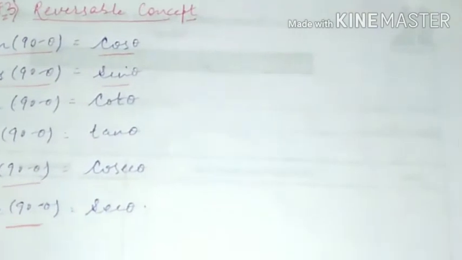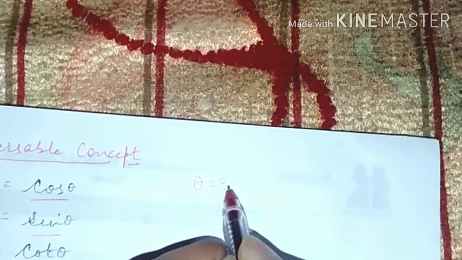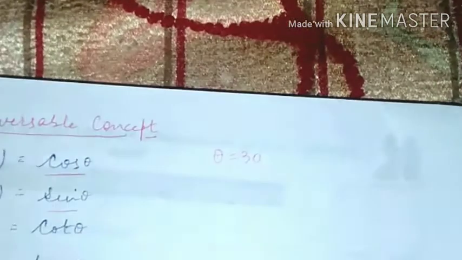Now what does it mean? Let me give an explanation for you. Sin 90 minus theta, let's take theta is equal to 30 degree for this formula. So put theta is equal to 30 degree in this formula, sin 90 minus 30.